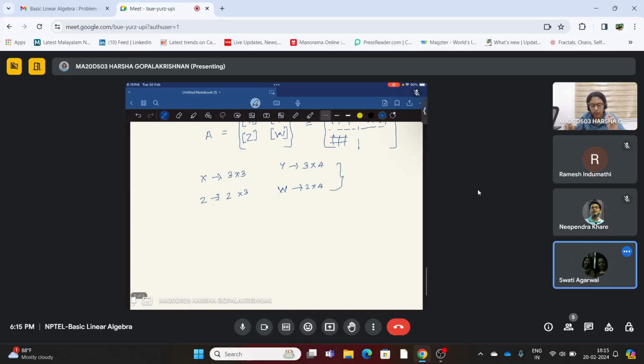If you are able to find at least one counter example such that the statement fails, then the result is false. If we are able to prove it in general for any n by n matrix, whatever matrix we take, then the result is true. That is how we usually decide whether a statement is true or wrong.